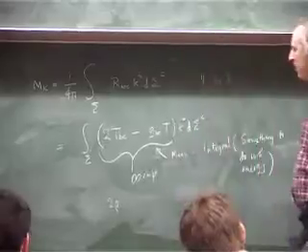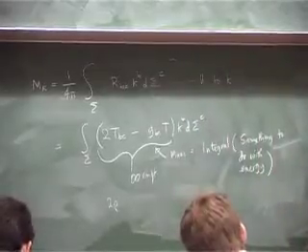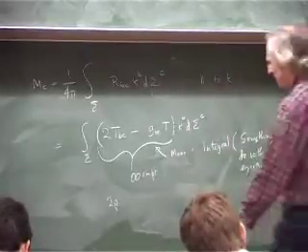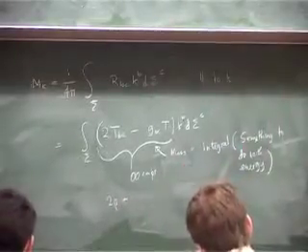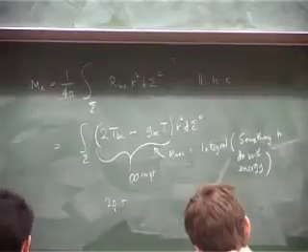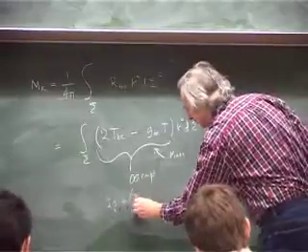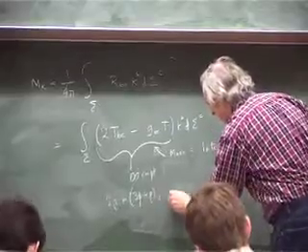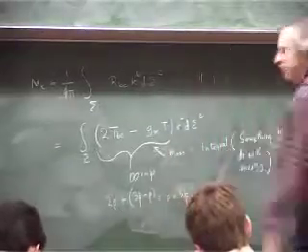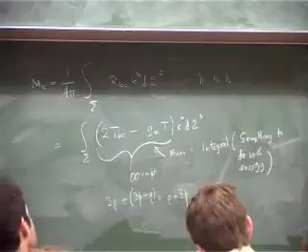So that doesn't look great. Minus G00, that's minus minus 1, so it's plus. The trace of the energy momentum tensor is 3p minus rho. So the whole thing is rho plus 3p. That's kind of familiar.